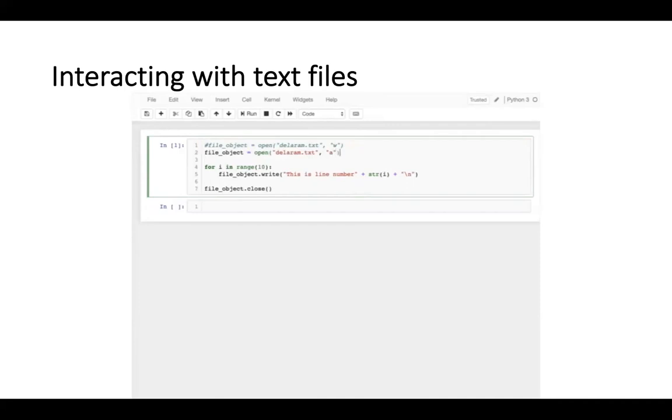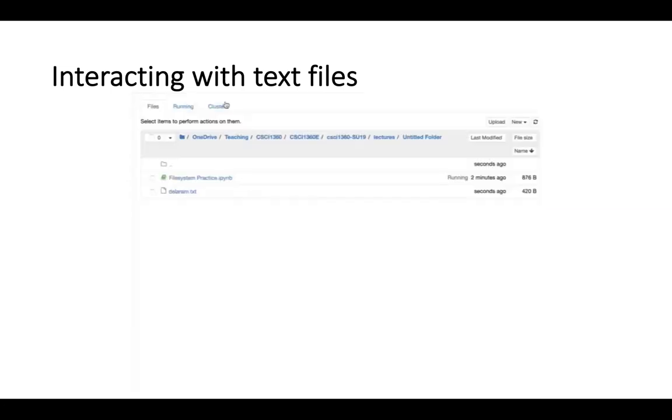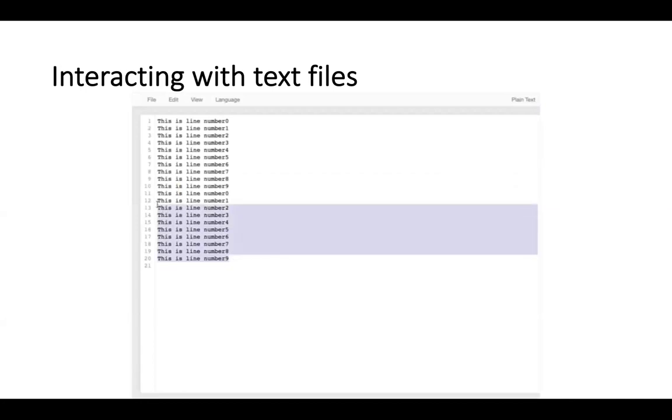The a parameter means to append data to the end of the file instead of overwriting all the existing content that's already in there. The rest of the code will remain the same, which essentially means that 10 new lines will be added to the existing file. So we run this and check the file again, and you can see that 10 new lines have been added to the end. So let's close this.